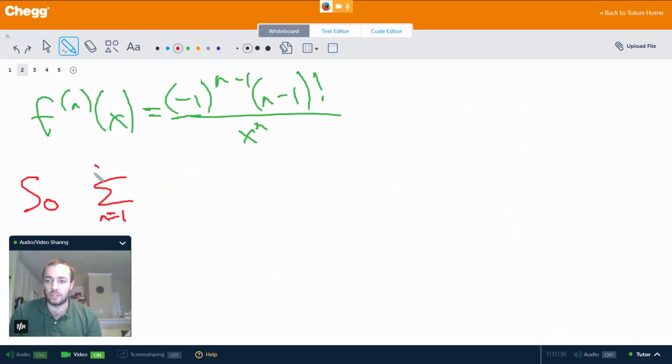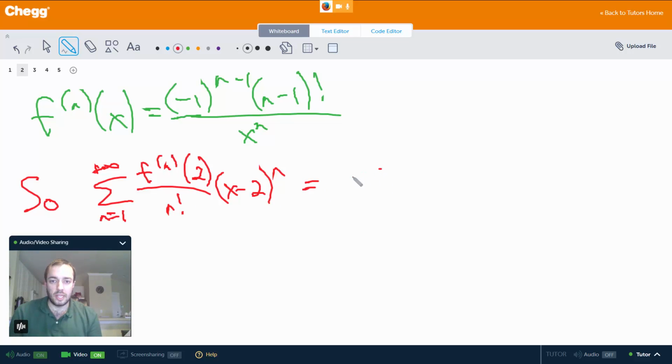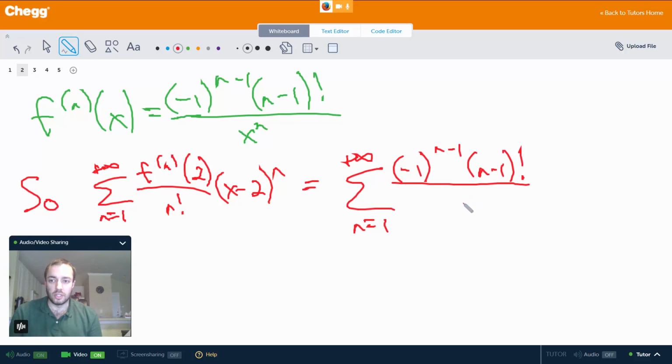So n equals 1 to infinity of the nth derivative evaluated at 2 divided by n factorial times x minus 2 to the n is going to be the sum from n equals 1 to plus infinity of negative 1 to the n minus 1 times n minus 1 factorial all over 2 to the n.